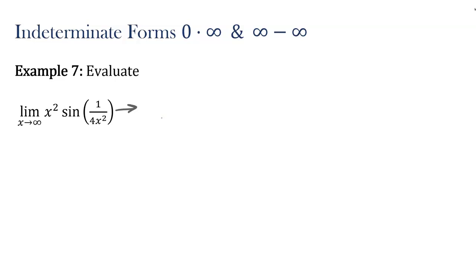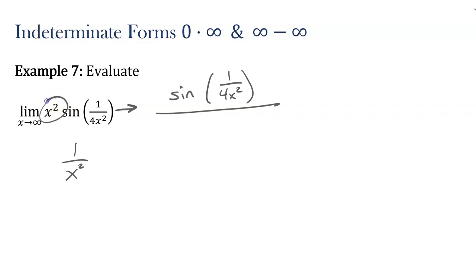So to be able to do that, let's split this, because that doesn't work. So sine of 1 over 4x squared over, well, I can't do 1 over x squared because that's technically a denominator, and the x squared they gave me is a numerator. However, if I do that, it would work. So 1 over x squared. Yeah, let's do that.